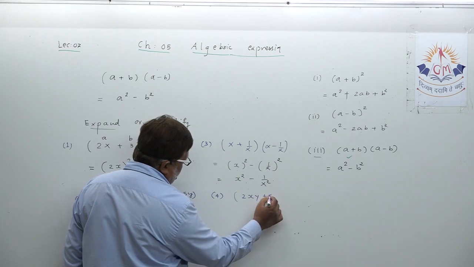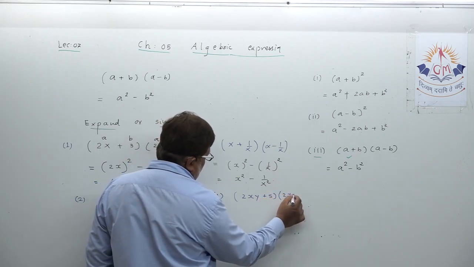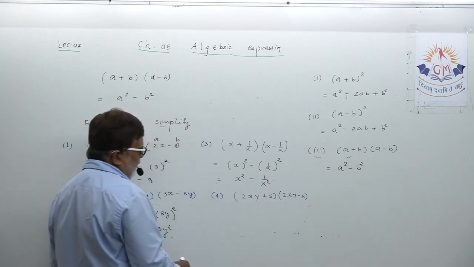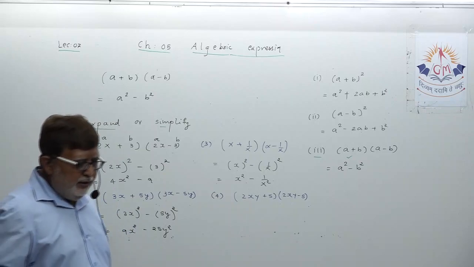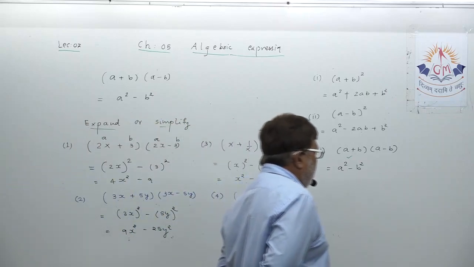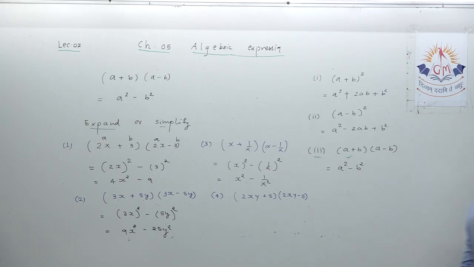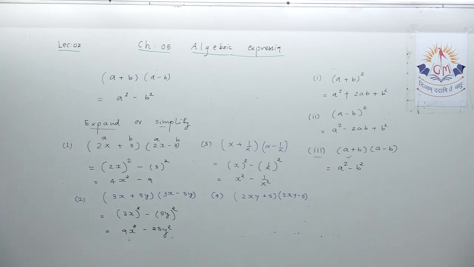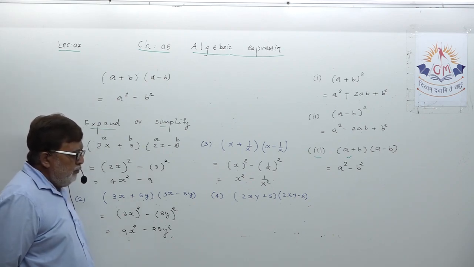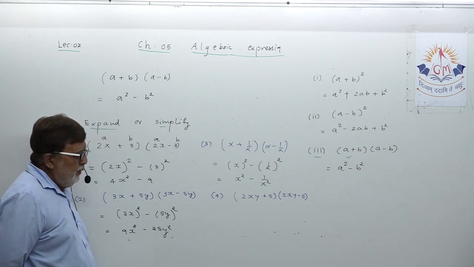2xy plus 5, 2xy minus 5. Please try this out. There are again two brackets. Understand? Two brackets having similar sign, terms also similar, 2xy plus 5 and 2xy minus 5, a plus b, a minus b.